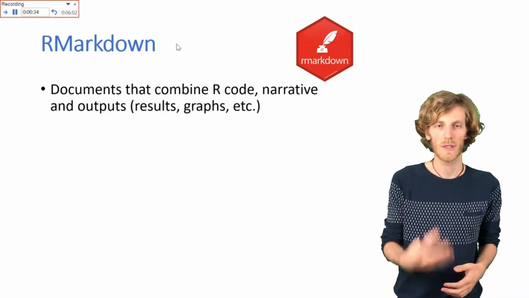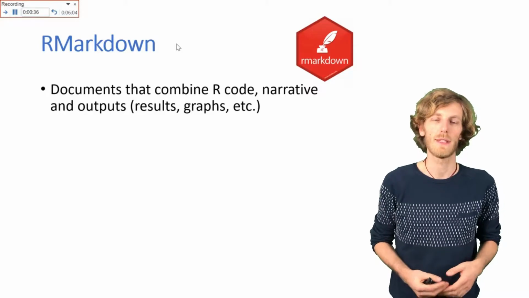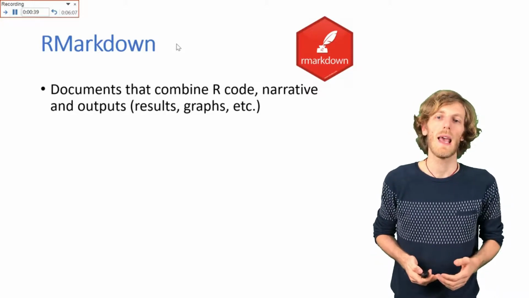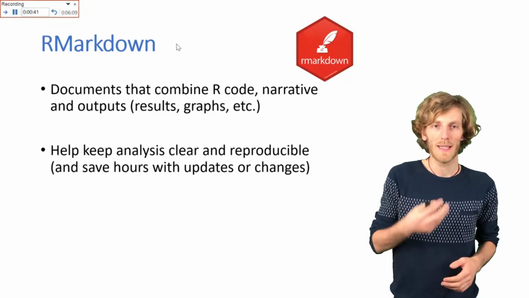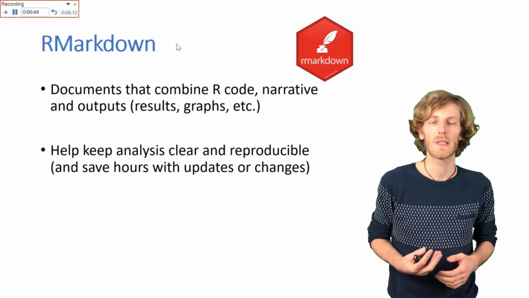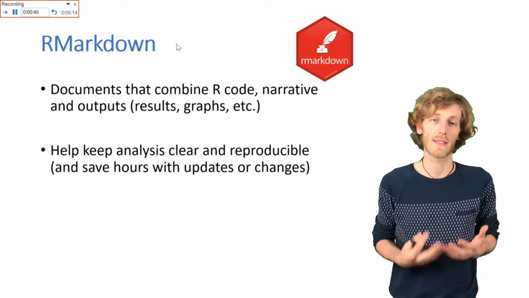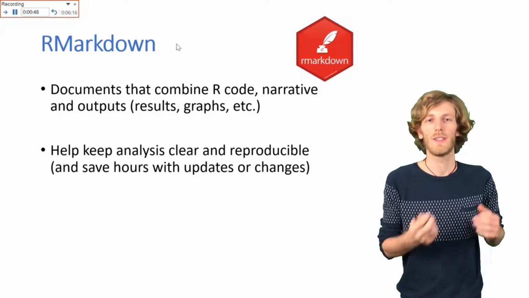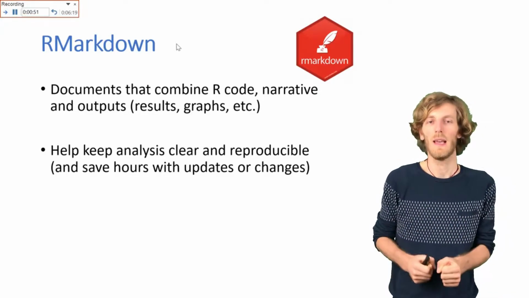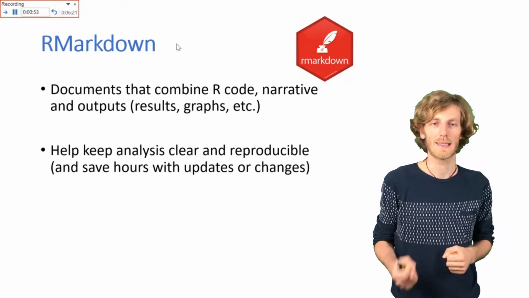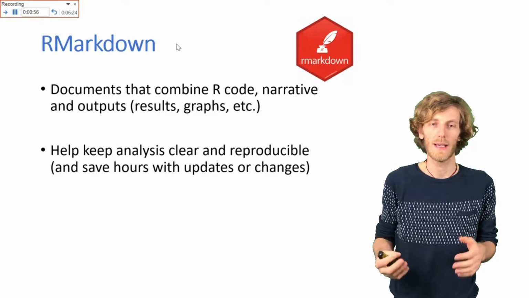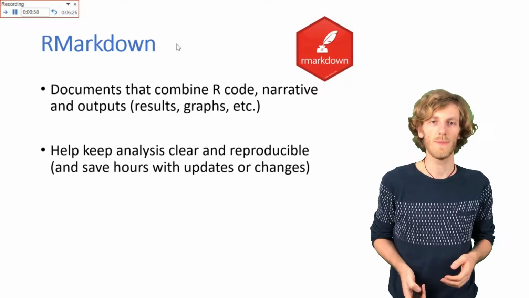You can keep your code, your results, your reporting on the results all in one document. It can help to keep the analysis very clear and reproducible, and therefore of course also save a lot of time when you realize that you need to update the data, when you realize that you forgot one particular setting, which in some other software would require you to just do everything all over again.